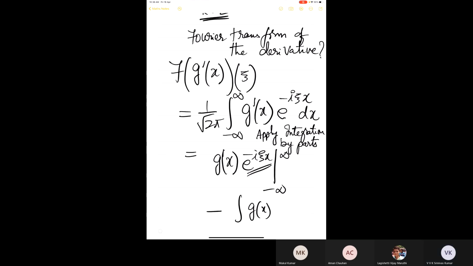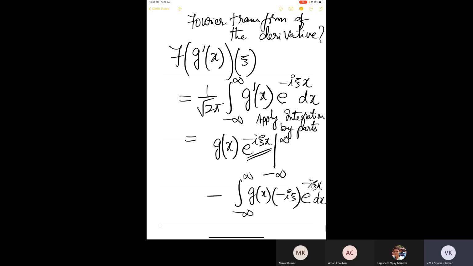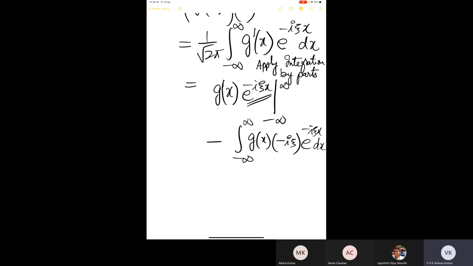This will be minus i xi exponential minus i xi x dx. This g is a nice compactly supported function, so that at the extreme points this value is 0.